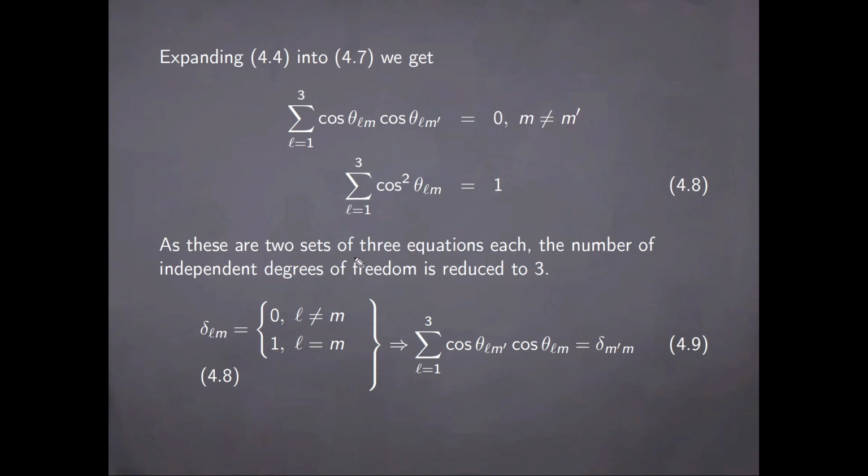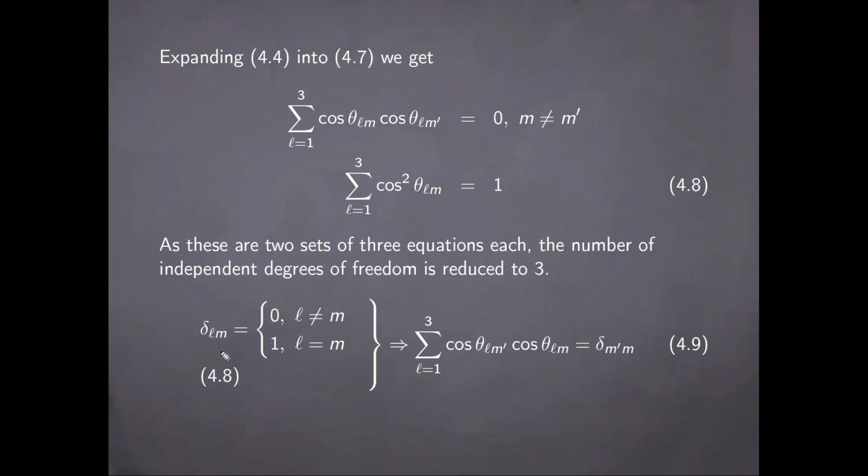And as these are two sets of three equations each, the number of independent degrees of freedom is once again reduced to 3. So out of 9 initial direction cosines, we are reduced to only 3 independent functions of them.